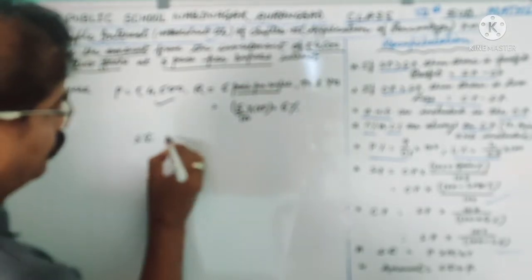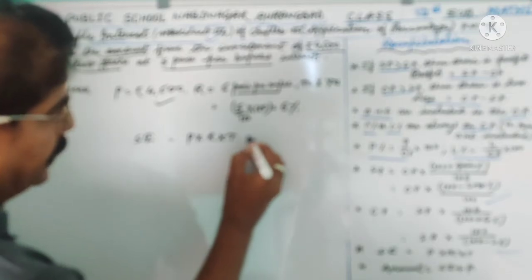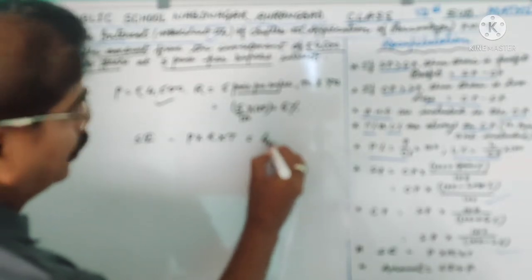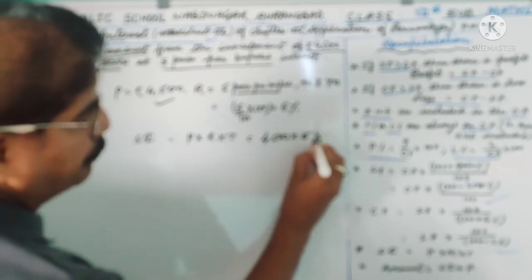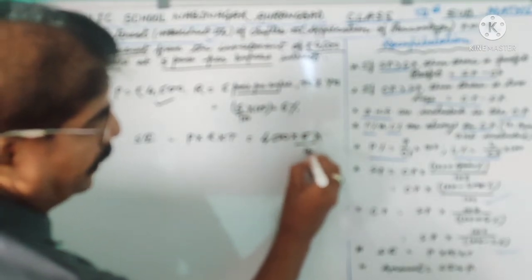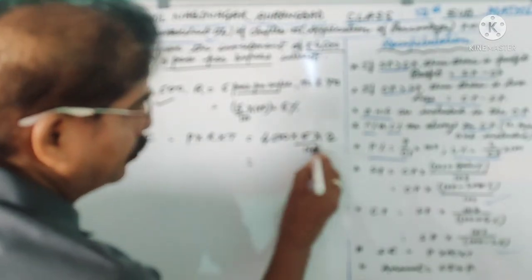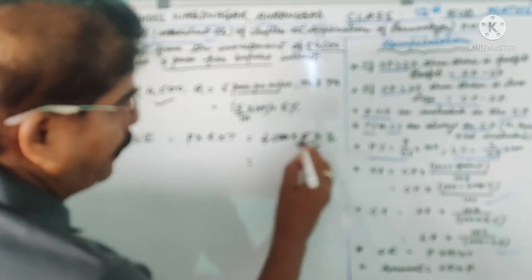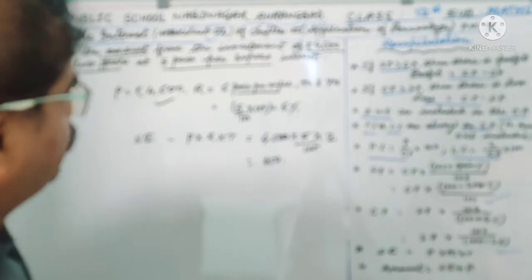So SI equals P into R into T, that is P equals 4,500, R equals 5%, that is 5/100, and time equals 2 years. That is 0 cancels, 0 cancels, 5 twos are 10, and 45 tens are 450.